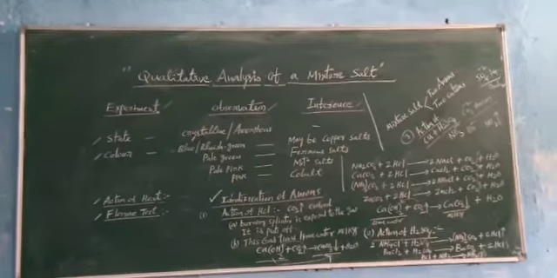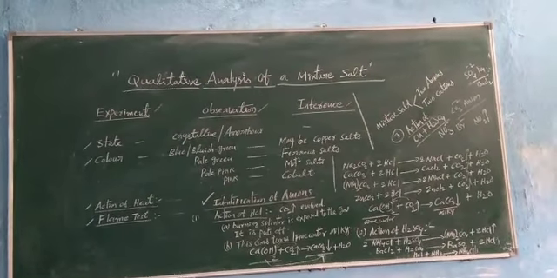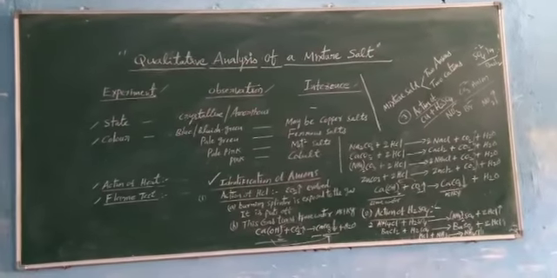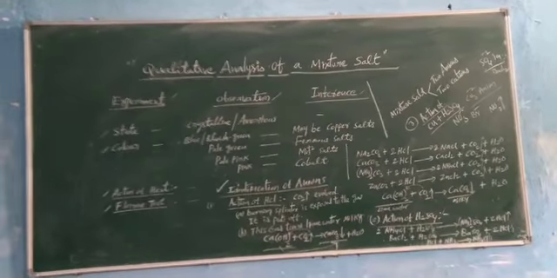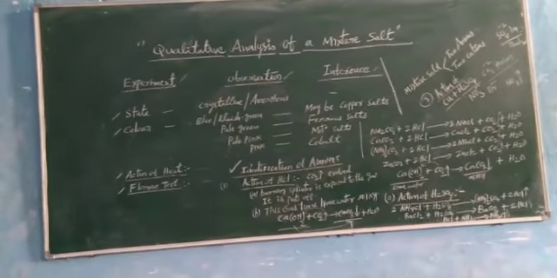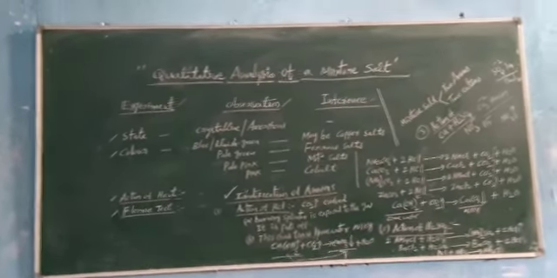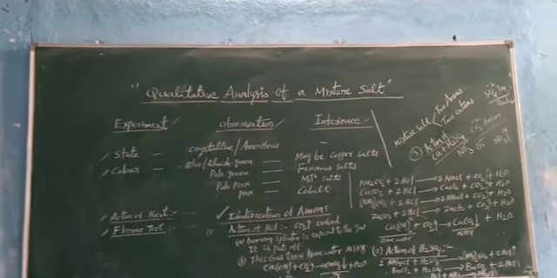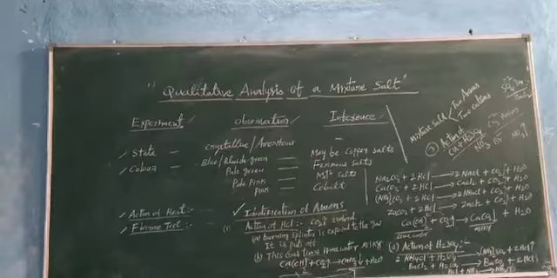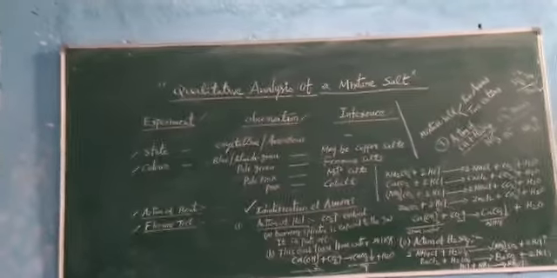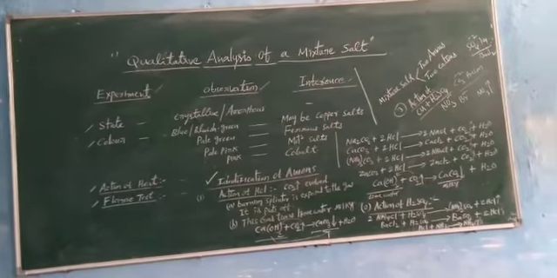Keep the test tube in an inclined position and add concentrated H2SO4 drop by drop along the sides of the test tube. A brown ring is formed at the junction of the two liquids. Nitrate is confirmed.